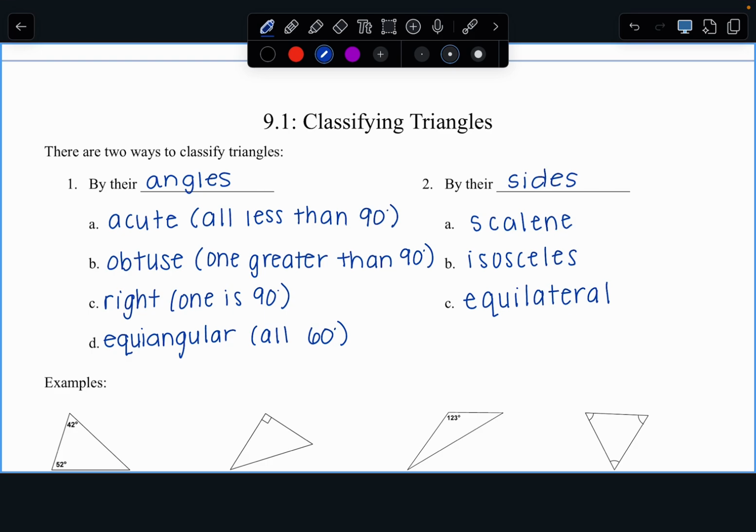Scalene is when all of the sides are different lengths. Isosceles is when two are equal lengths. And equilateral is when all are equal lengths.